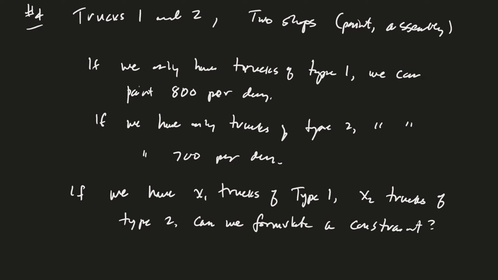This is a problem that tends to trip people up a little bit. So let's think about this. If I have X1 trucks of type 1, I could paint 800 per day. So I'm thinking of putting this in percentages as a way of looking at this.